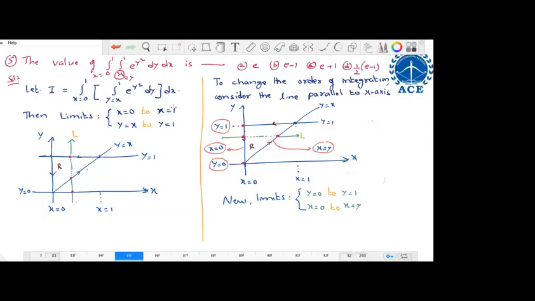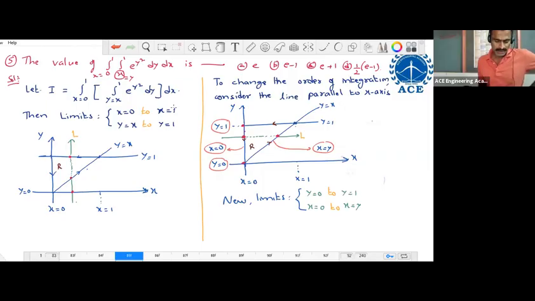In this question only I have a doubt whether it is the triangle which you have drawn or the lower triangle. If it takes x equal to 1 as a line, I will form another triangle, no, sir? I will tell you.